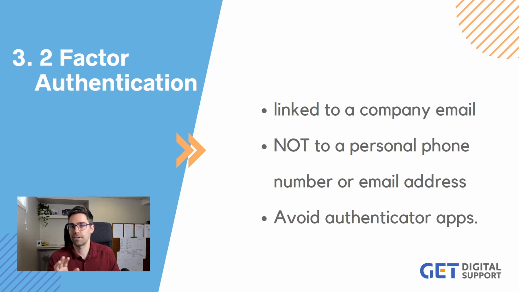Essentially the way it works is similar to two-factor, but instead of sending a code to that person's phone, I've already set up my authenticator app on my phone. So when I try to log into a property, it'll pop up and say, give us the code that's in your authenticator app. And when I open my authenticator app, it gives me a 6-digit code that changes every 60 seconds or so.